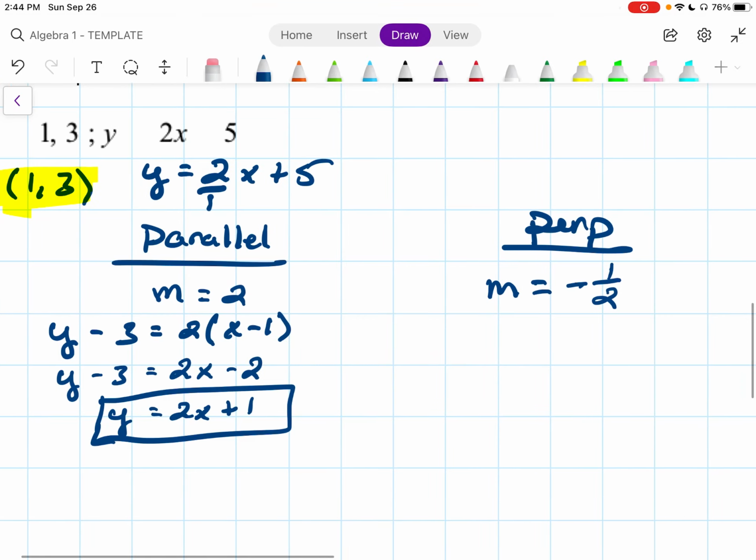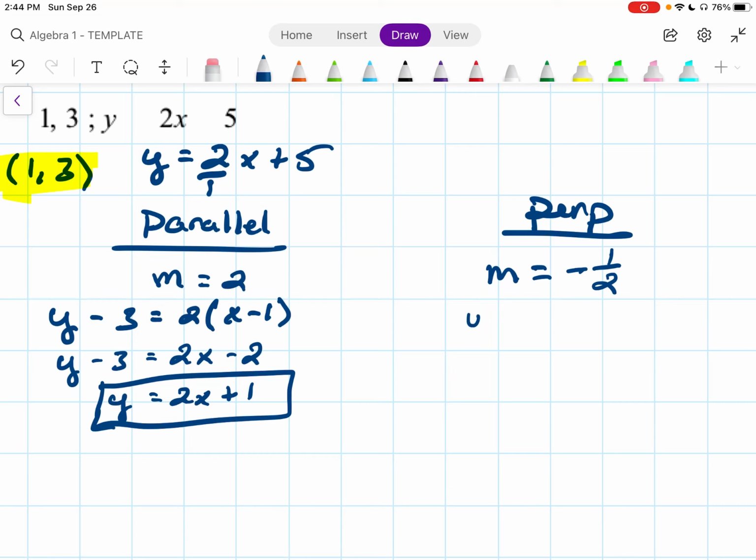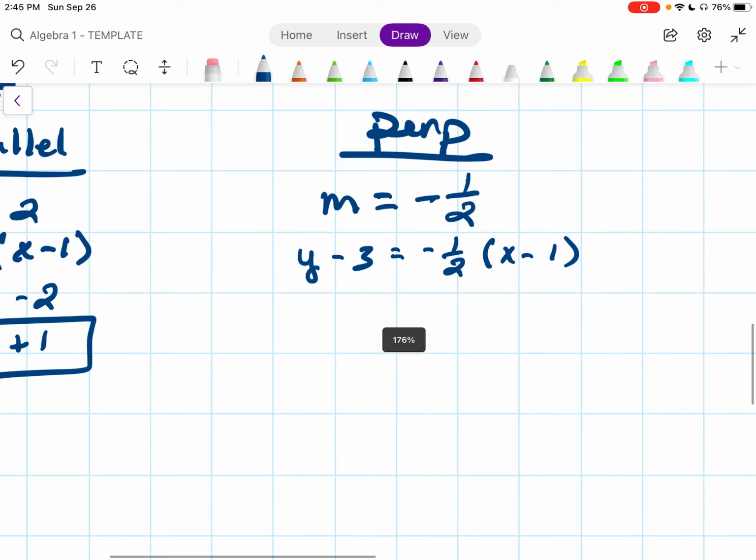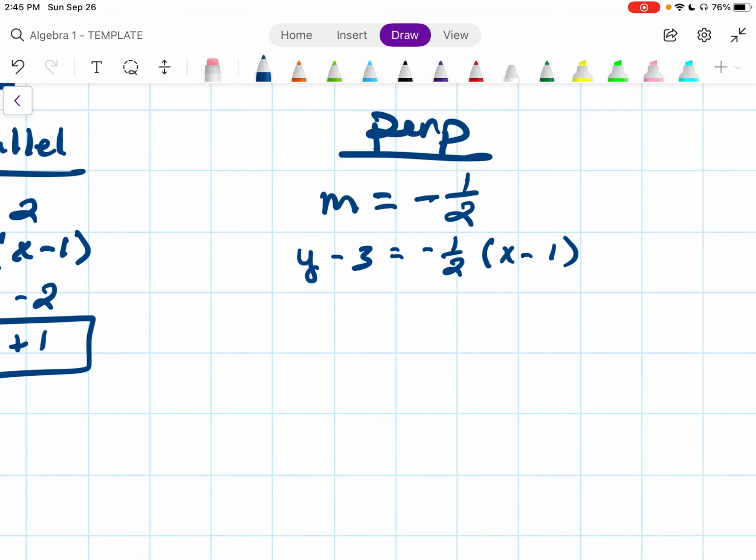Now for perpendicular, I'm going to do it in the same way. I have y minus 3 equals negative 1/2 (x minus 1). Solving it, I'll go ahead and distribute the negative 1/2, so I'll have y minus 3 equals negative 1/2 x plus 1/2.